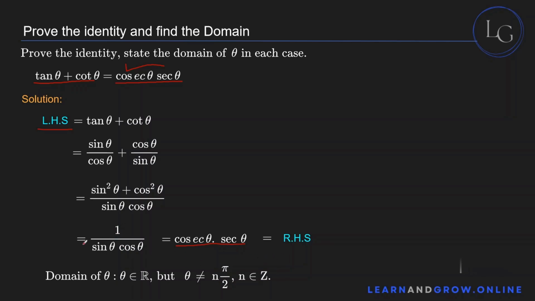And you know that 1 over 0 is undefined, so that cannot lie in the domain. So sine theta into cos theta can never be equal to 0, which is why theta cannot be a multiple of pi by 2. That also covers sine theta, because any multiple of pi by 2 eventually becomes a multiple of pi as well. So yeah, theta cannot be any multiple of pi by 2.